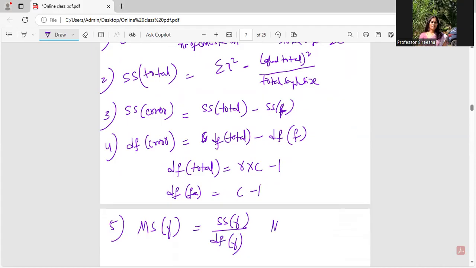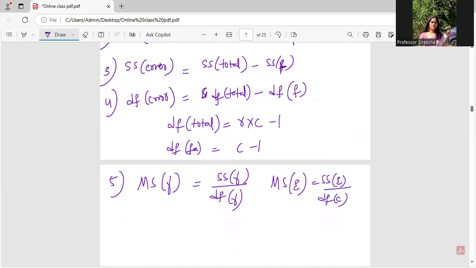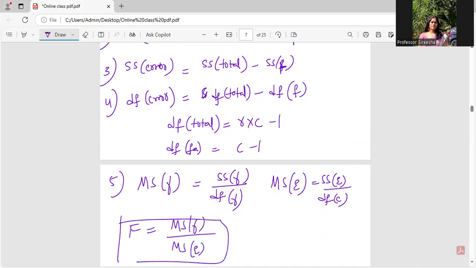And next I'll be calculating MS error, which would be SS error by DF error. Now I'll be calculating F. It's the ratio of MS factor by MS error. This is how I'll calculate. This is the basic procedure for one-way ANOVA. Okay, I shall discuss the problem so that you understand it clearly. Okay, thank you.